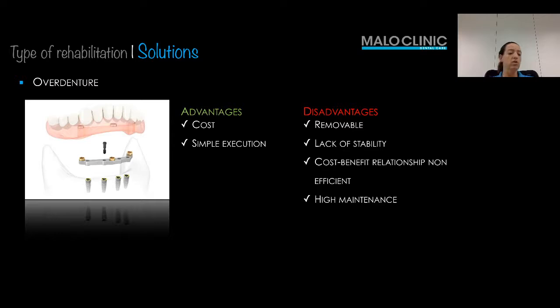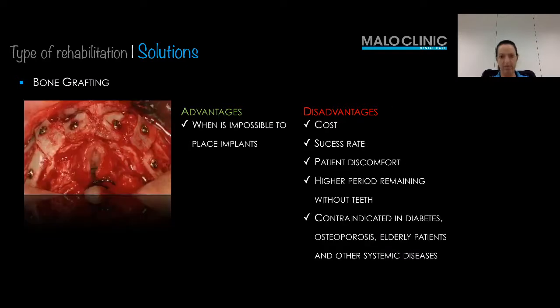Of course, in terms of advantage, it still has an advantage of being cheaper and of simple execution, but it has a non-efficient cost-benefit relationship, and it will require high maintenance.